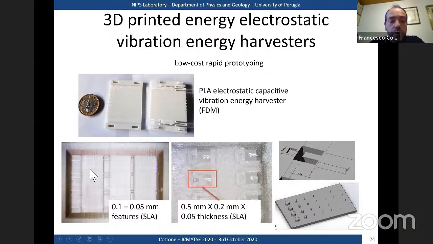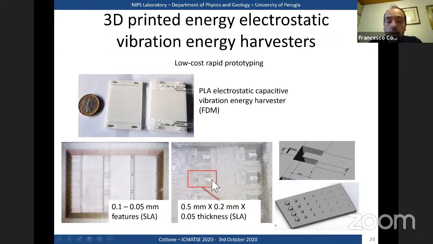Here below, you see some other examples of small cantilevers that have been printed with SLA stereolithography 3D printers with resins. In this case, it is a clear resin. What is interesting is that even if we don't reach the minimal feature that can be reached by deep reactive ion etching, for example, on silicon, we reach a very, very nice device.